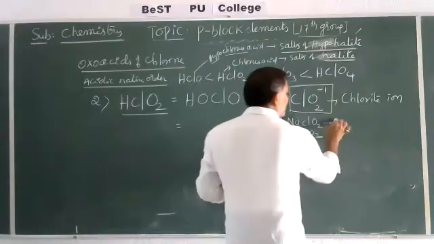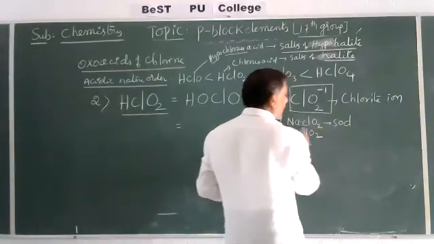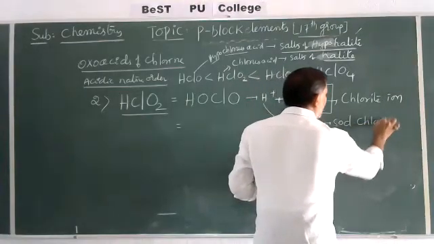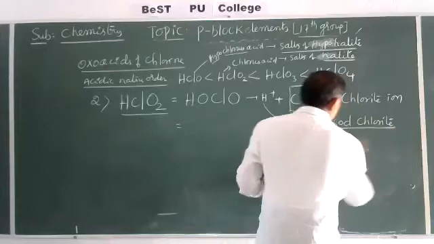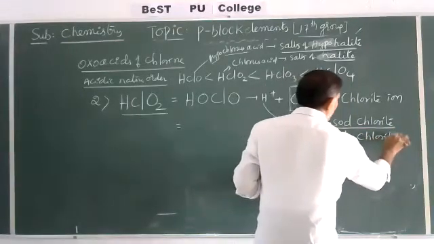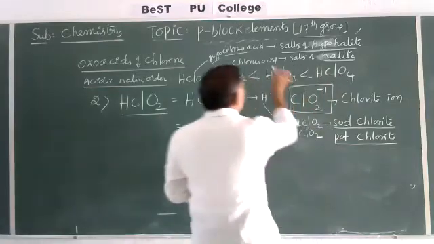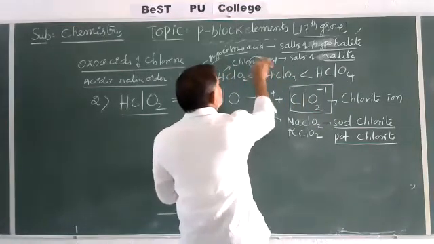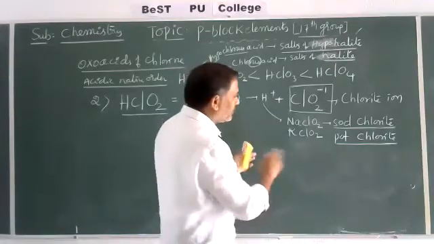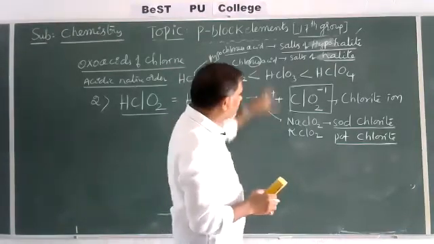It is called sodium chlorite, don't use hypo. Potassium chlorite like this. Because OUS acids give ITE salts.